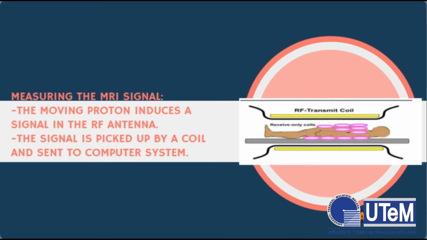Measuring the MRI signal: the moving proton induces a signal in the RF antenna. The signal is picked up by a coil and sent to the computer system.